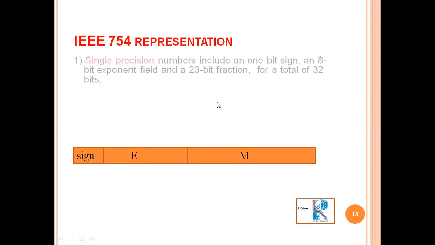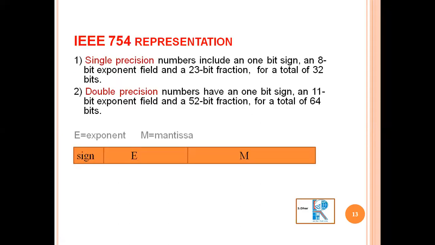Now, IEEE 754 representation. IEEE 754 is actually the representation of the floating point number. Clear? Now, what is IEEE 754? IEEE means Institute of Electrical and Electronics Engineers. What is the function of IEEE?